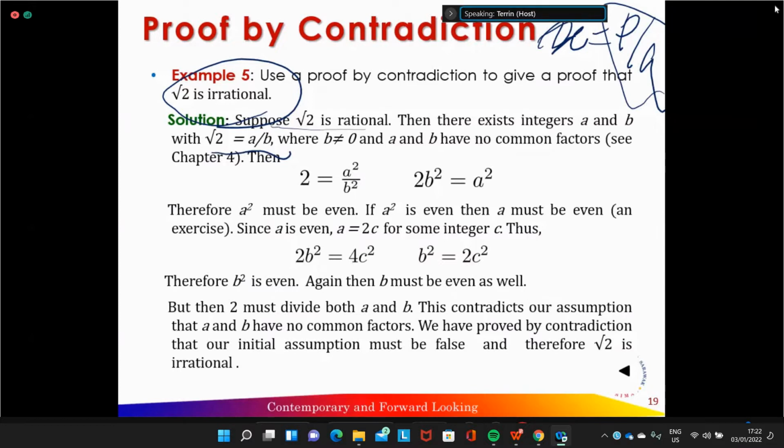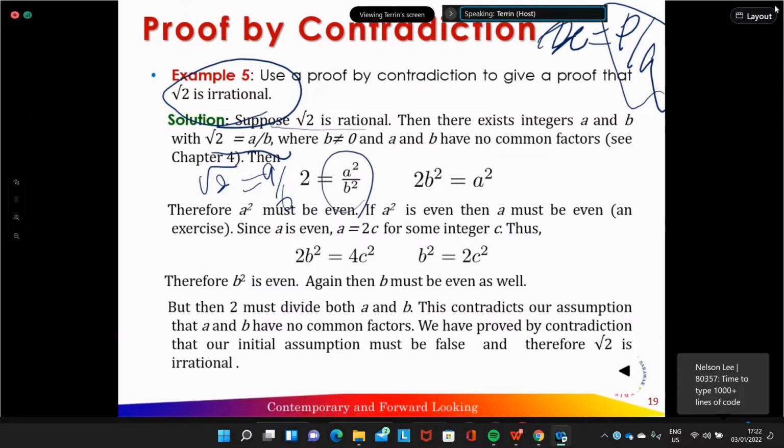So that means you're not looking at multiples of it. So the square root of 2 equals a over b, then 2 equals a squared over b squared, and then we get the case of 2b squared equals a squared. Therefore, a squared must be even.